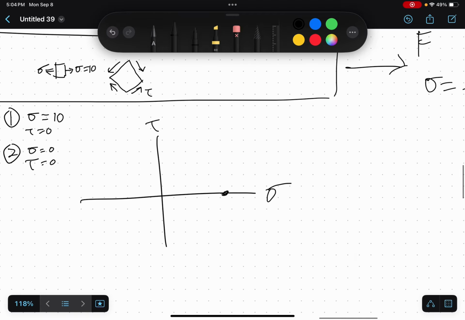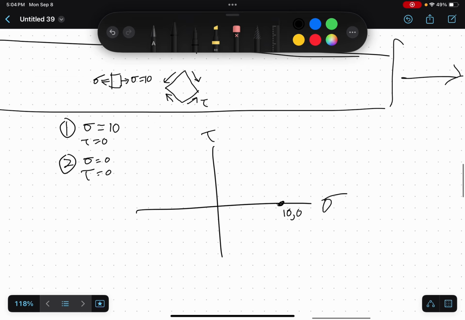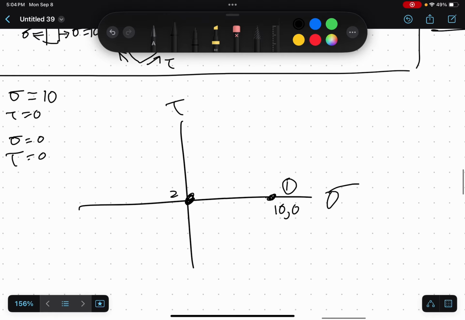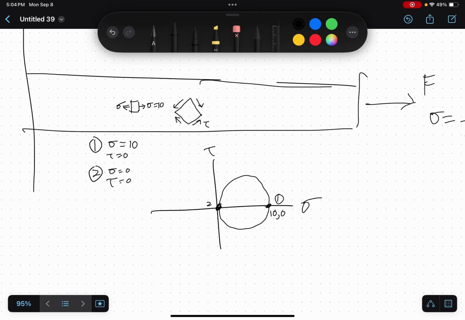So we're out here at 10. X is 10, y is 0. And that's point 1. And if we plot point 2, we're at 0, 0. Cool. That's point 2. So we draw our circle, and now we have our Mohr circle.